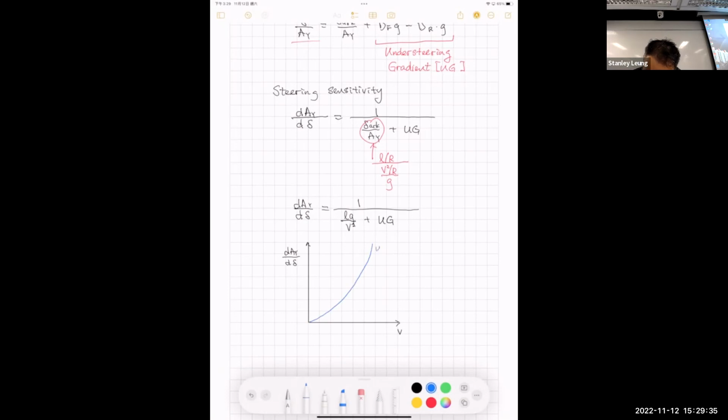So this is the UG equals to 0. That means neutral steer.